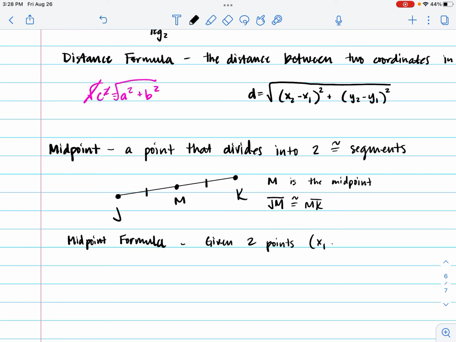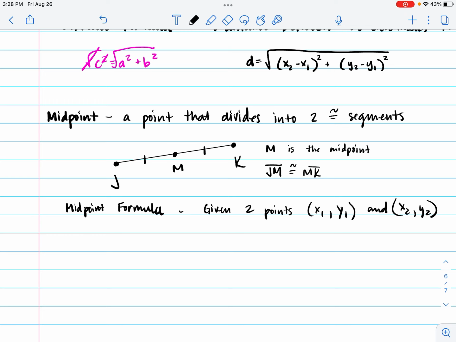Given 2 points, x1, y1, and x2, y2, use this formula. We're going to say M for the midpoint is equal to, in parentheses, x1 plus x2 all over 2, y1 plus y2 all over 2.